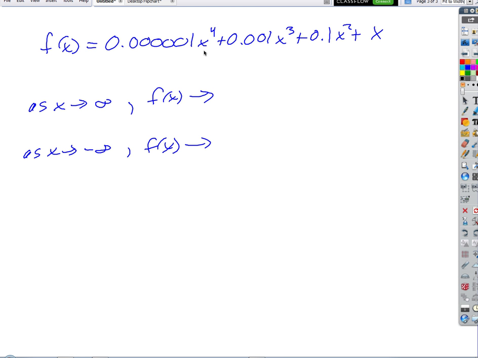But as x is approaching infinity, how much bigger does that make it? Infinitely, right? So it's a growth issue. The leading term here, the x to the fourth term, is growing infinitely faster than x cubed. So even though x cubed is getting infinitely big, because this one is getting infinitely big infinitely faster, this is the only one that matters.